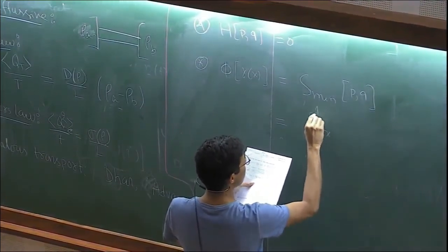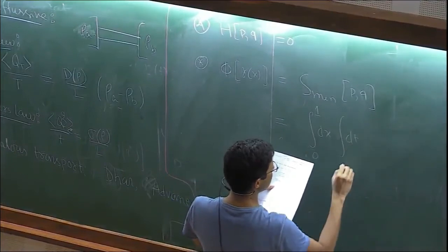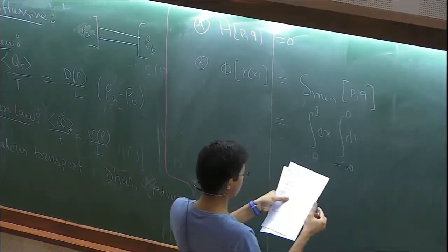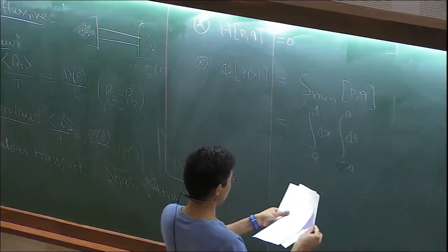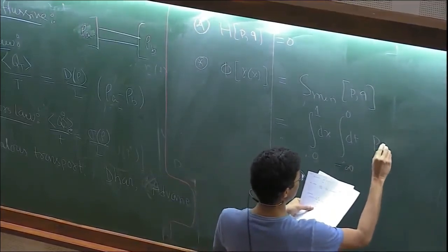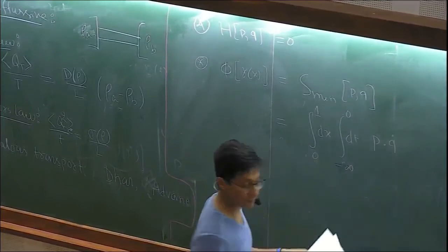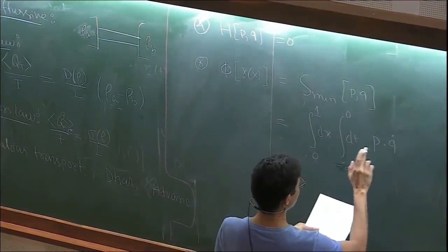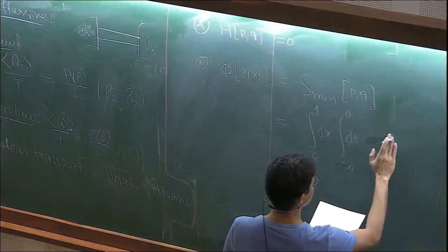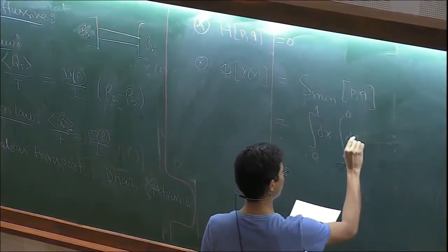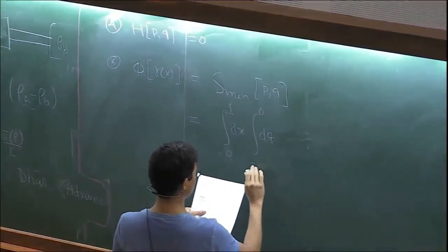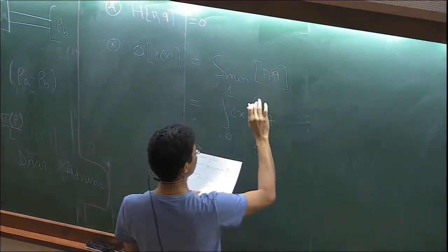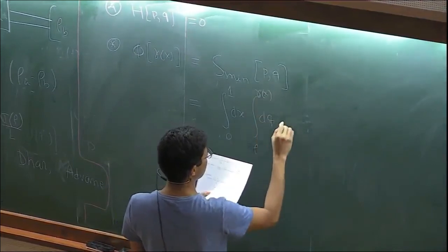It's from 0 to 1 dt, from minus infinity to 0, P times Q dot. All I need to do now is write dt Q dot as dq. Then I will have this going from rho to R of x times P.